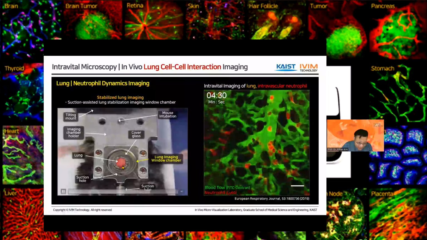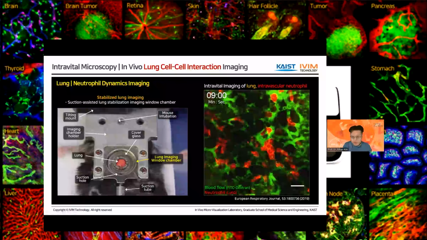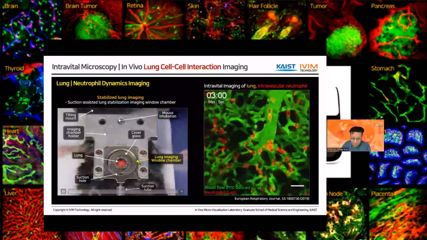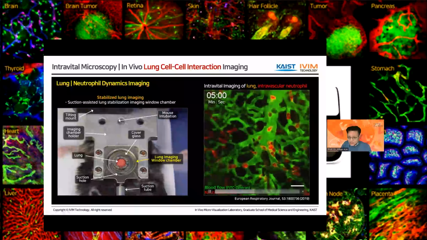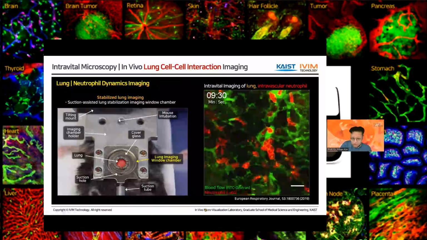Now it's stabilized. After this stabilization, we still have some residual movement, which can be post-processed later. But anyhow, after this stabilization, we can obtain this higher resolution video from the lung of a live mouse model.